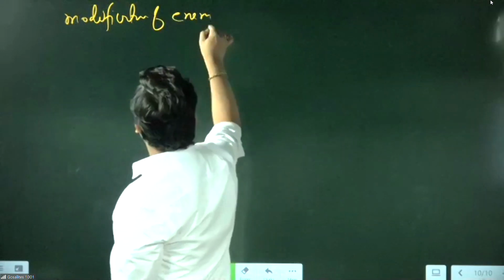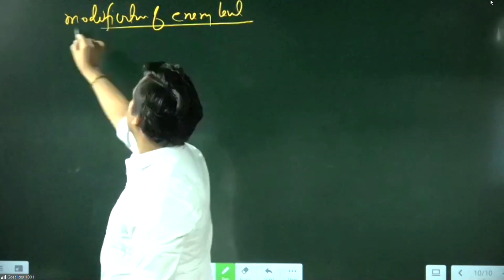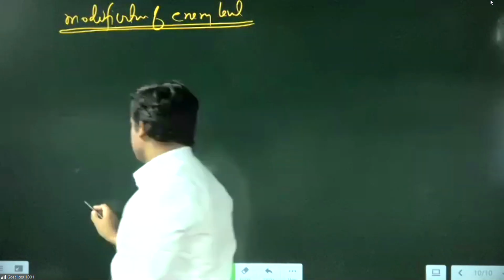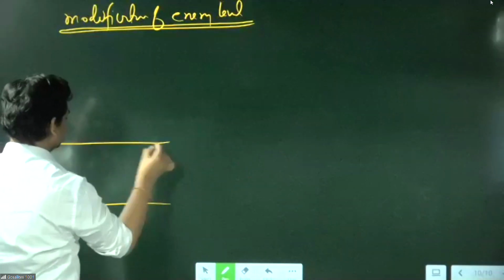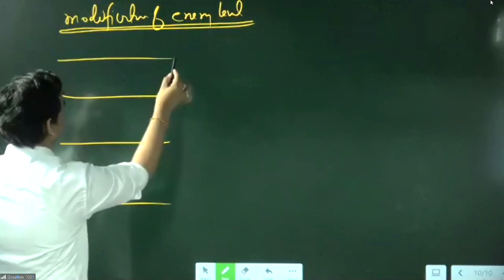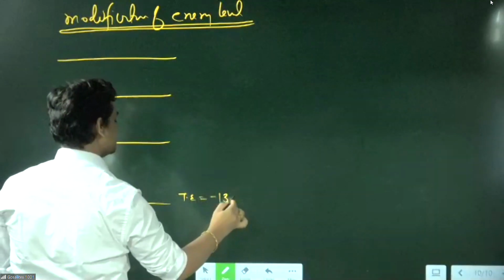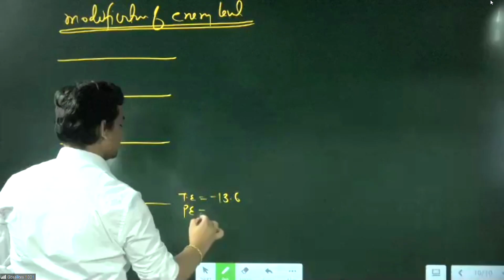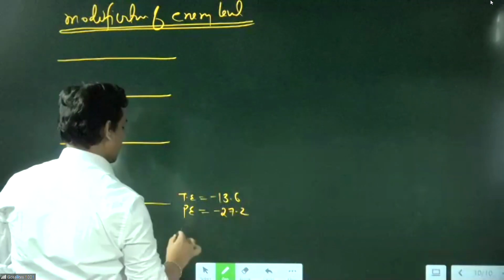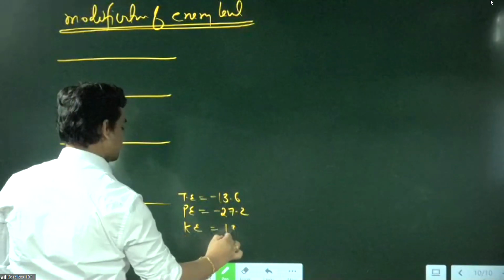The second important thing in Bohr is the modification of energy level. Okay, you remember this one? I have given one question like this. Which energy will be modified? Here the total energy was minus 13.6, potential energy was minus 27.2, and kinetic was 13.6.